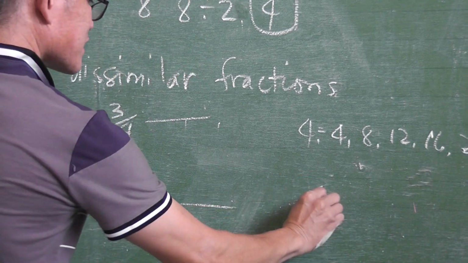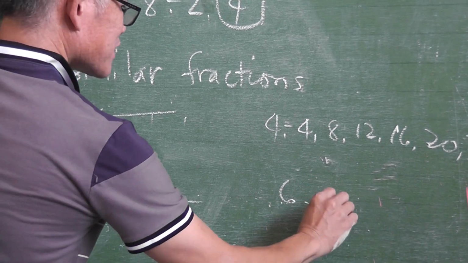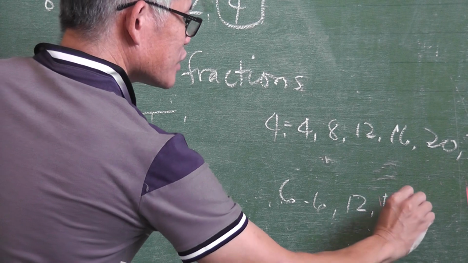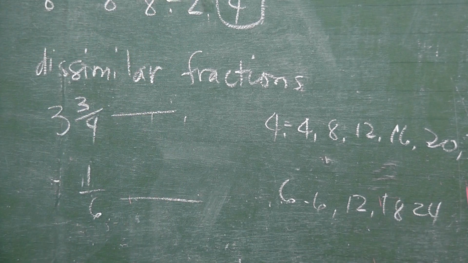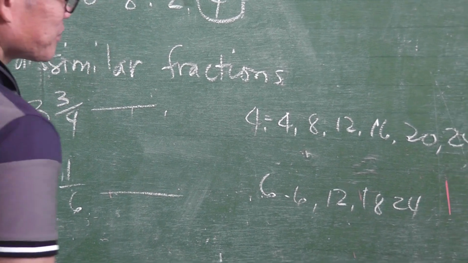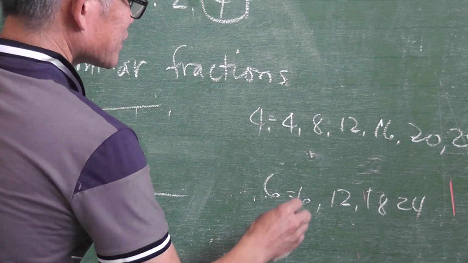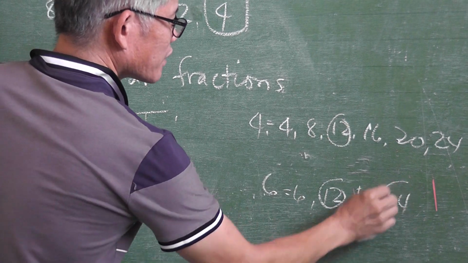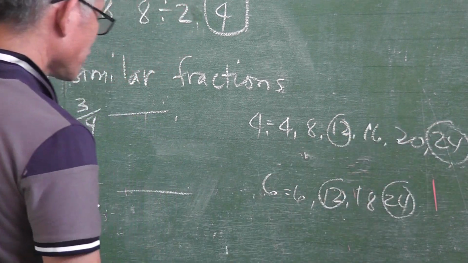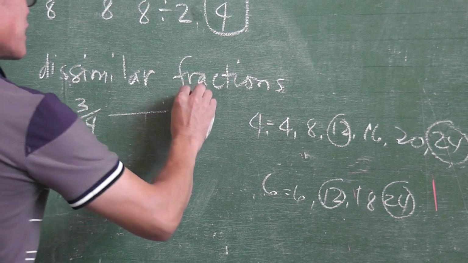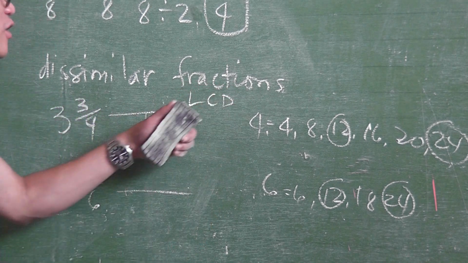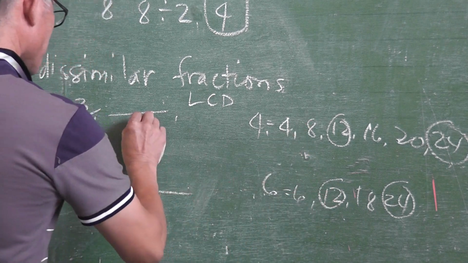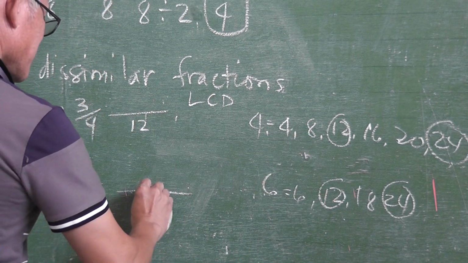Then in 6, we have 6, 12, 18, 24. We'll find their common multiple. We have here 12. We have also 24. But we're looking for the LCD, or least common denominator. So their least common denominator is 12.